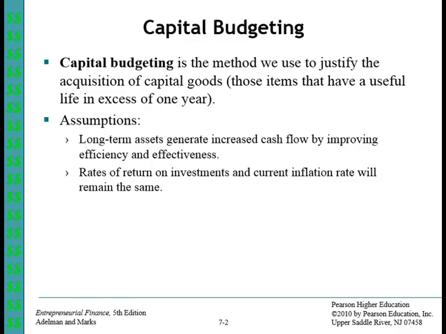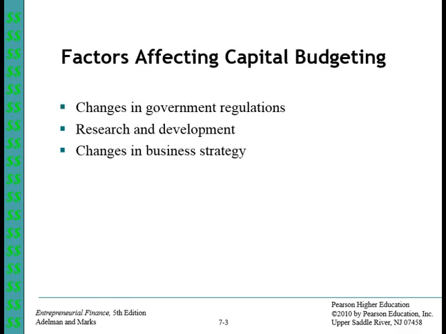So what we're worried about are changes in government regulation, any future changes in strategy, what happens in research and development, can we devise new products, etc. But all of these internal and external factors will have an influence on capital budgeting.